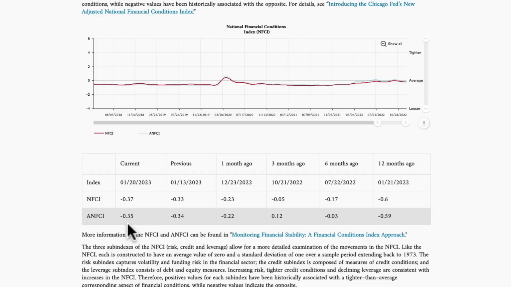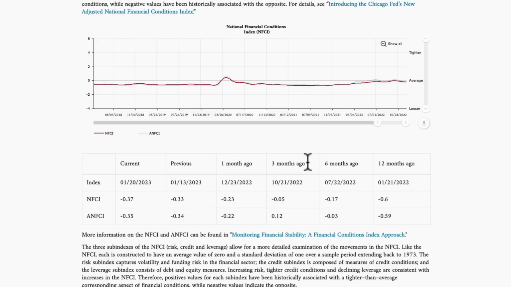It adjusts for economic conditions, saying given the current economic conditions, how tight or loose are financial conditions. Any negative number is looser financial conditions. Positive numbers are tighter. So look at 3 months ago, 1 month ago, financial conditions loosened. Previously 0.34, currently negative 0.35. So they are going the wrong direction.